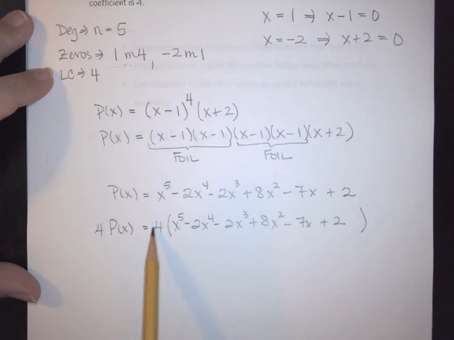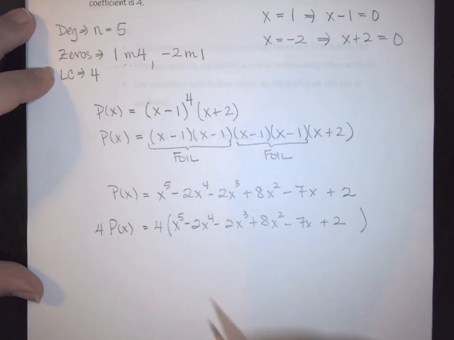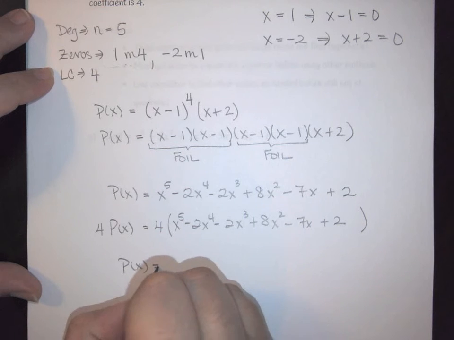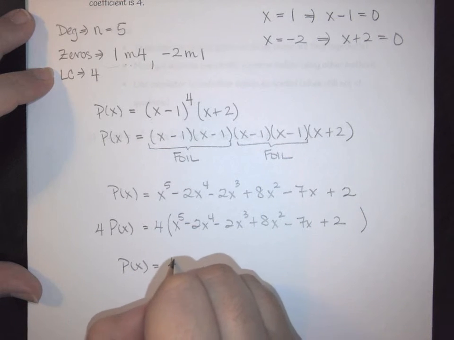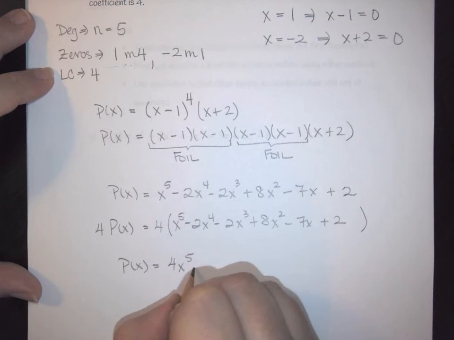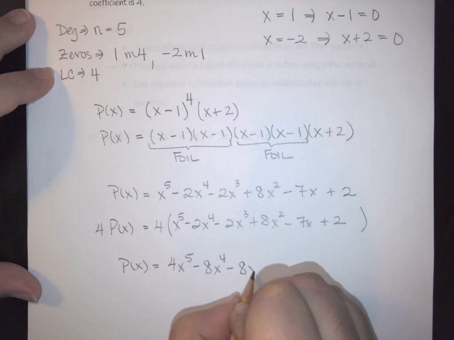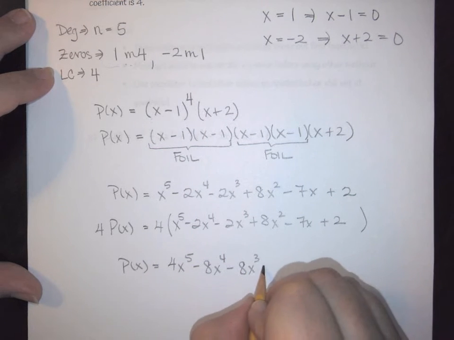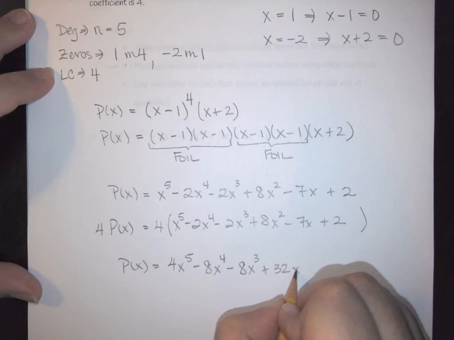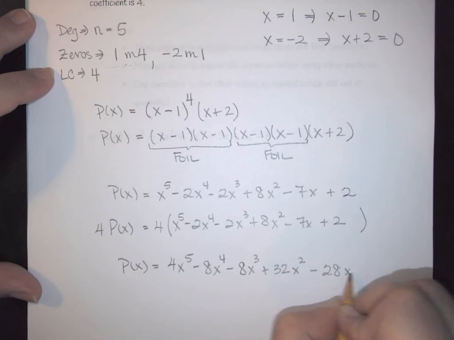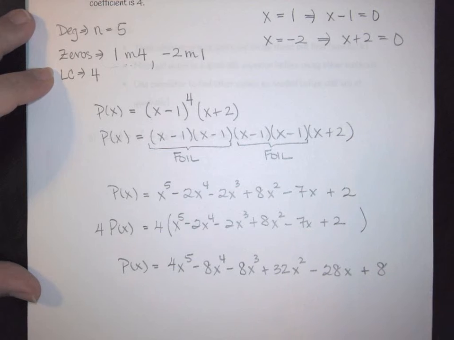And with that, we then have to distribute that 4 through. And so once we do that, we end up with our polynomial being 4x to the 5th minus 8x to the 4th minus 8x cubed plus 32x squared minus 28x plus 8.